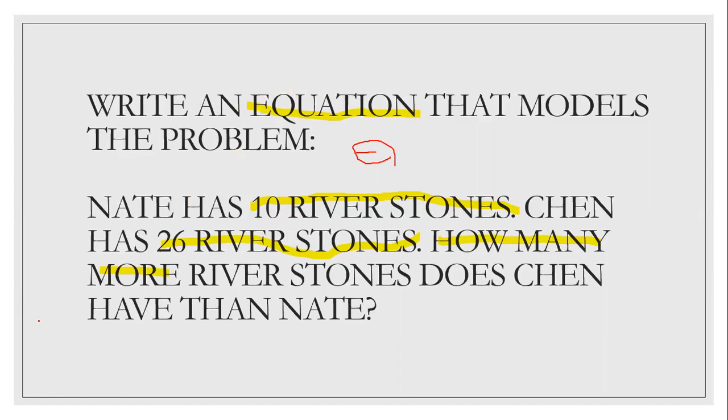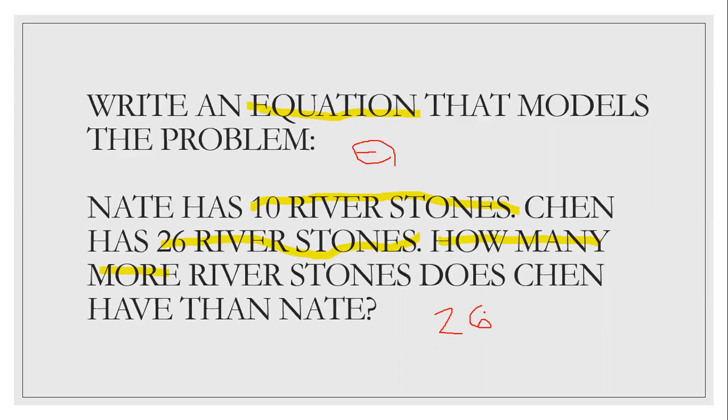Anytime you subtract, your big number goes first. And our big number here is 26. So 26 is the number that's going to go first. Now, when we do this, I'm going to write it sideways because it's asking for an equation. But if you were going to solve the problem, then we would obviously have you write it vertically.